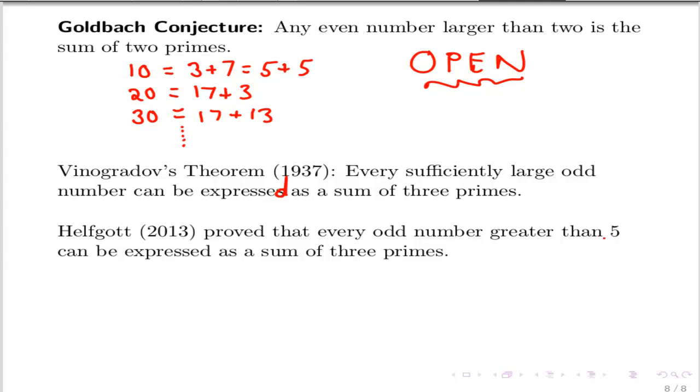So how does that relate to the Goldbach conjecture? Suppose the Goldbach conjecture is true. Okay, so every even number is a sum of 2 primes. And now I want to prove the Vinogradov type theorem.